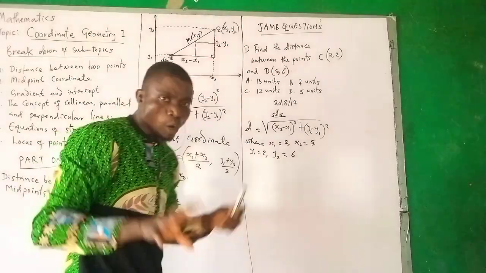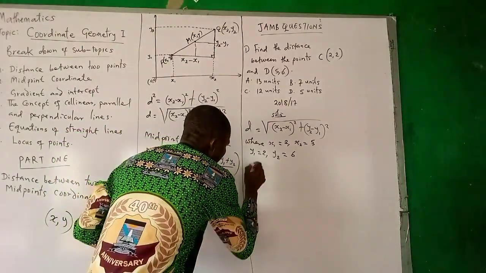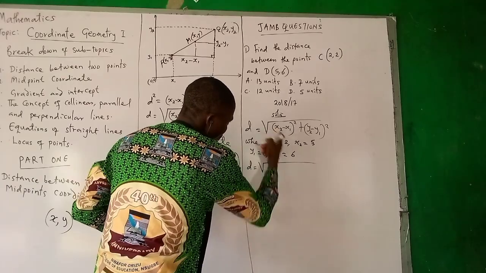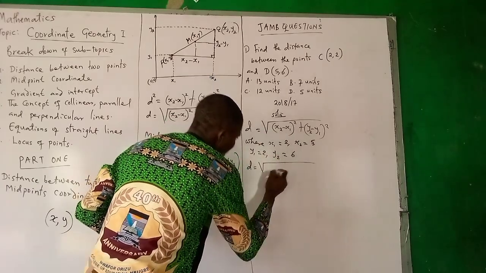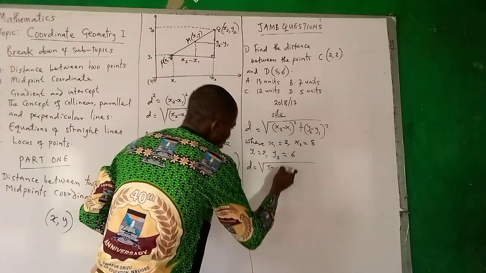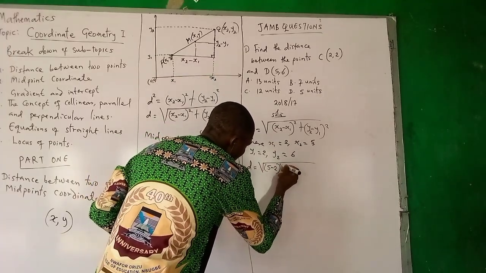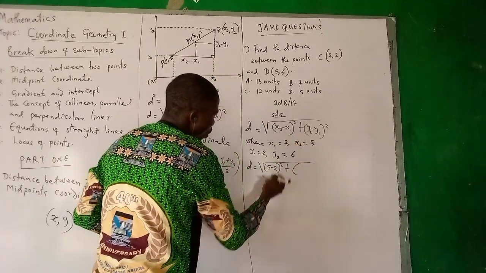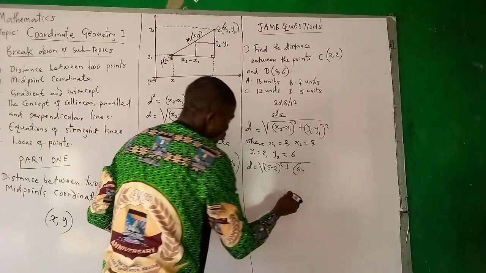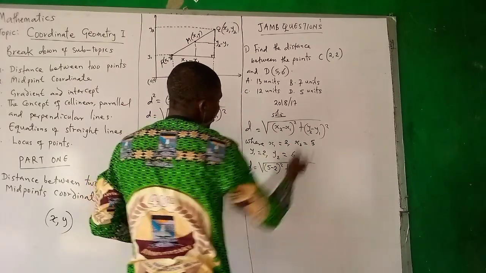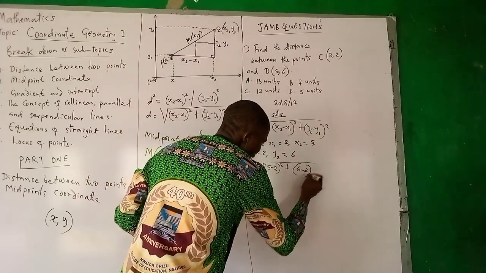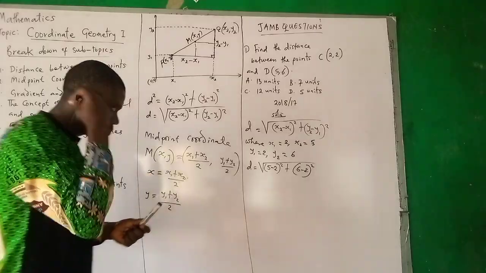At this point, I'm going to substitute. So my D becomes the square root of x2, which is 5, minus x1, which is 2, and I have to square it, plus y2, which is 6, minus y1, which is 2, then square it.